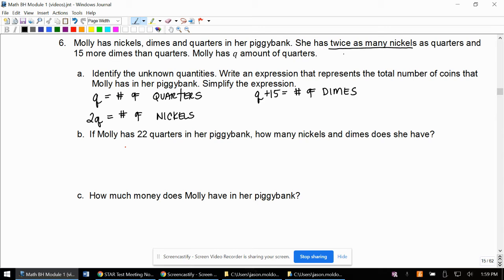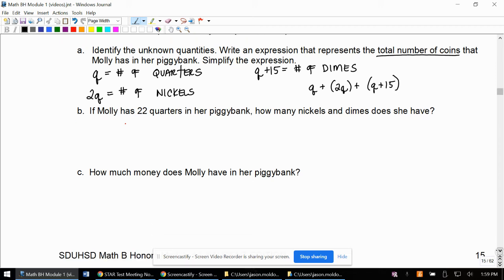All right, and now we're going to find an expression that represents the total number of coins, the quantity of coins, and it says nothing about the value. So it's just Q plus 2Q plus Q plus 15. There's not any earth-shattering math here, but it is talking about grouping symbols.